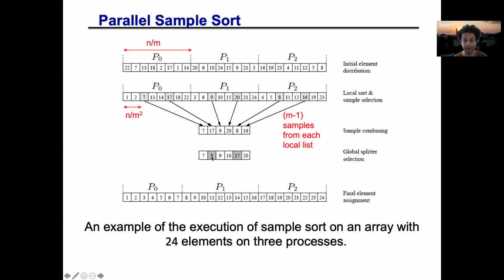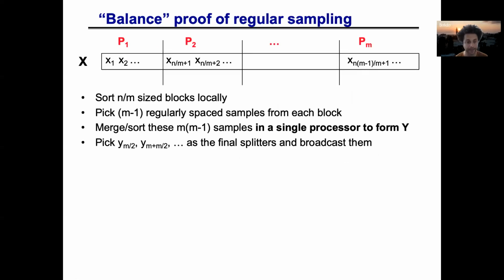And now I'm going to do another regular sampling, and I'm going to choose every M over 2nd element. So what is that? Sorry, I start with the M over 2nd element, and then I choose M plus M over 2nd element. And then I'm going to choose 2M plus M over 2nd element.